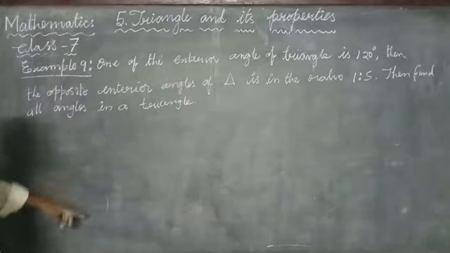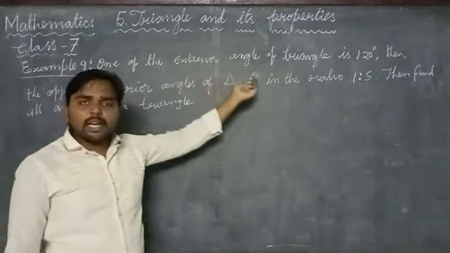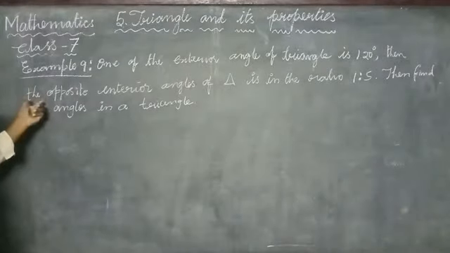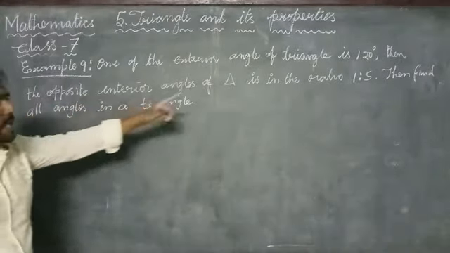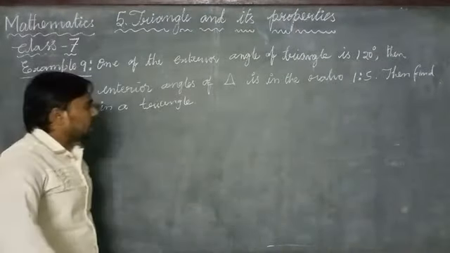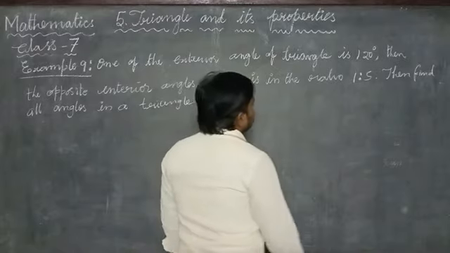Okay, here the example line is one of the exterior angle of a triangle is 120 degrees. Then the ratio of opposite interior angles is 1:5. Then we have to find all the other angles of a triangle. Okay, now let us see.